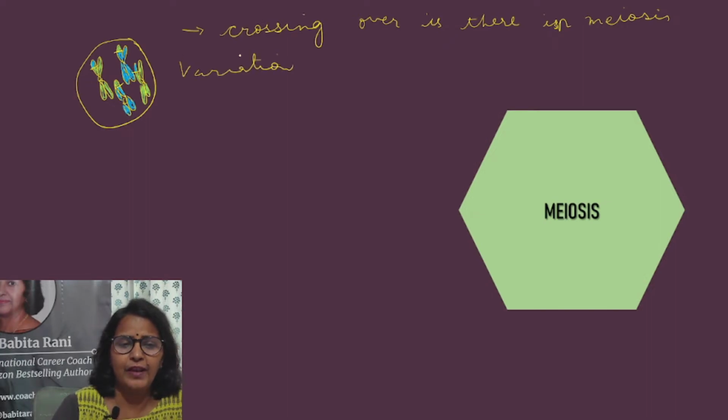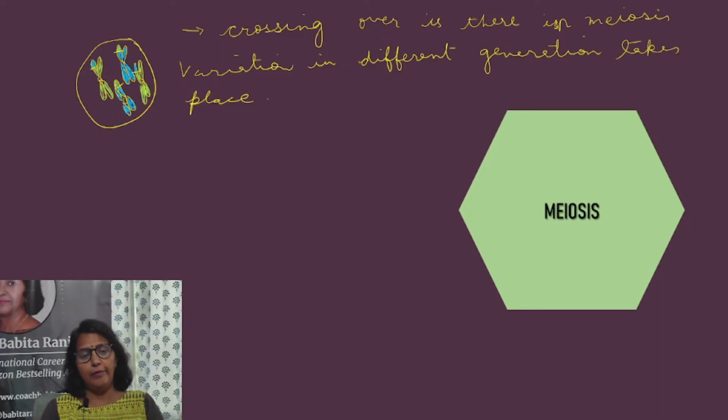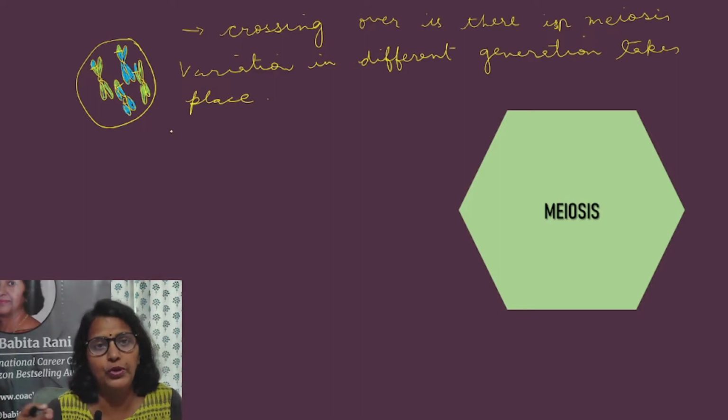Variation in different generations takes place. This is not possible in mitosis because there the chromosome is involved from only one parent. This is possible in meiosis only because we have chromosomes from 2 different parents.